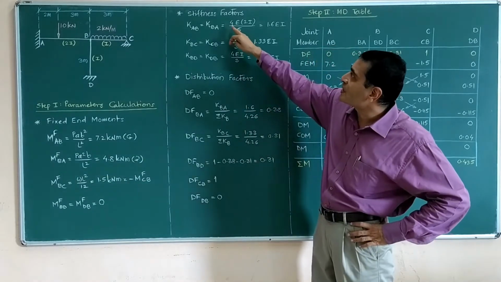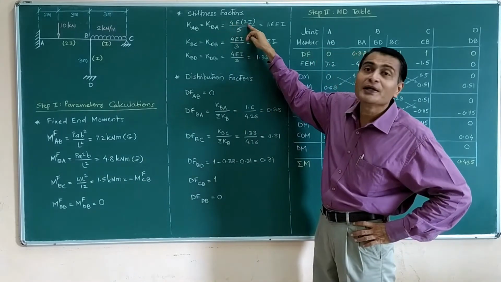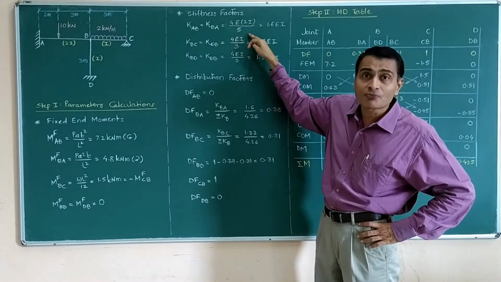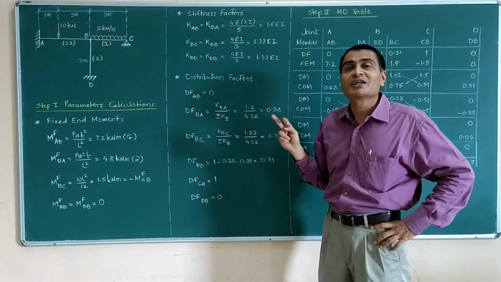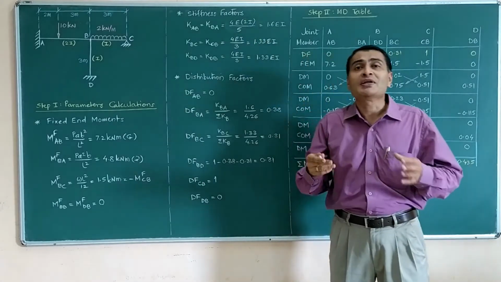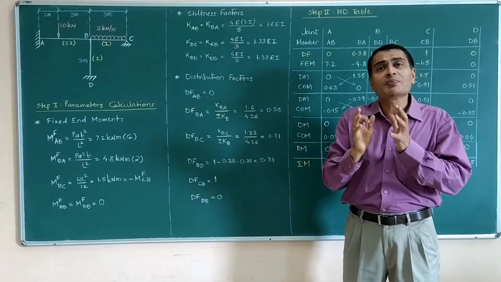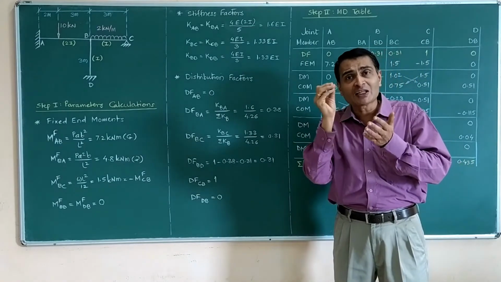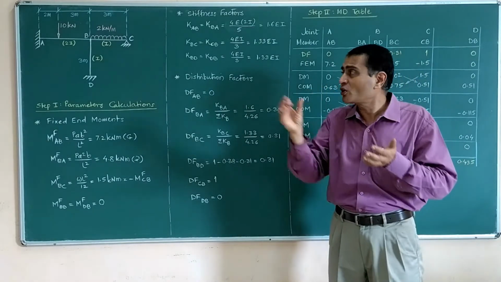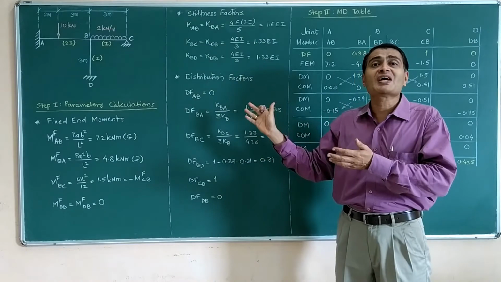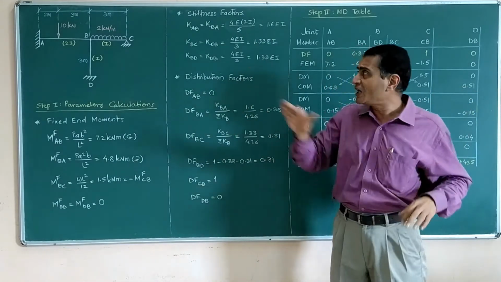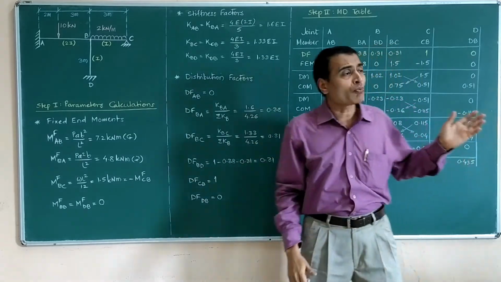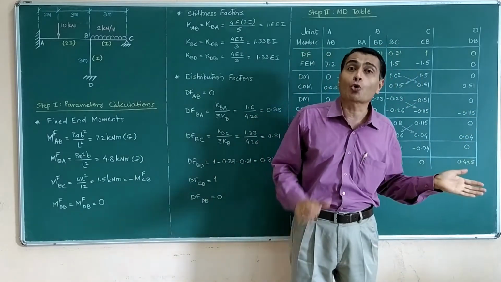So I am substituting carefully 4E into 2I upon 5, which gives me 8EI upon 5, that is 1.6 times EI. You have to be very careful while calculating these basic parameters, because they will go into our MD table, and if we make a mistake here, obviously the table values will all go wrong.